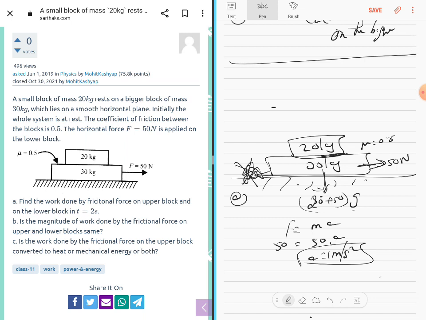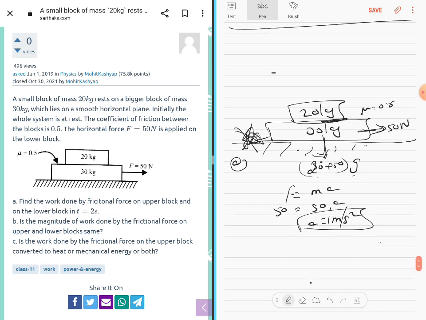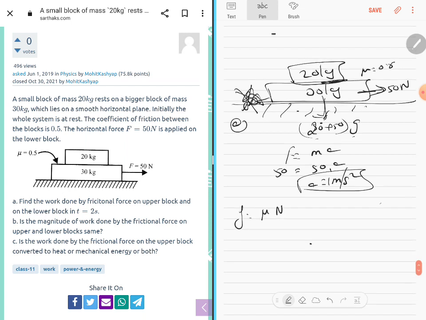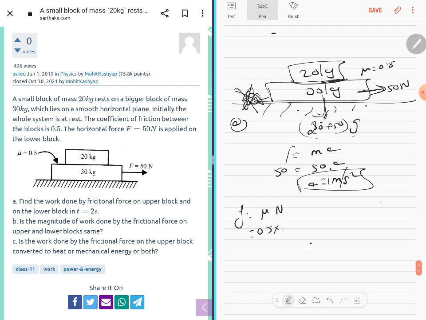Along with it, the top block will also move. But having said that, the top block, will it slide over the bottom block? Let's find what is the frictional force that exists between the top block and the bottom block. F is equal to mu into normal reaction, which is 0.5 into, say, 200.